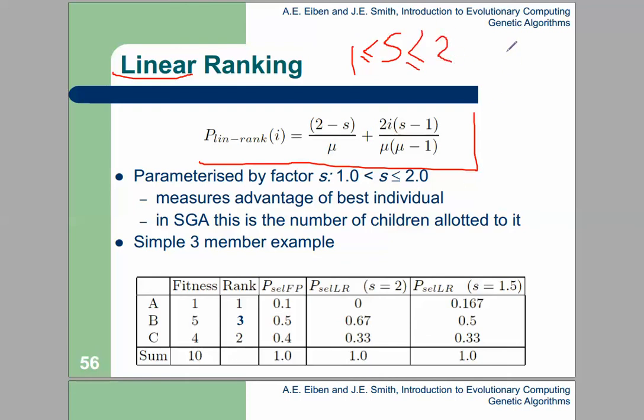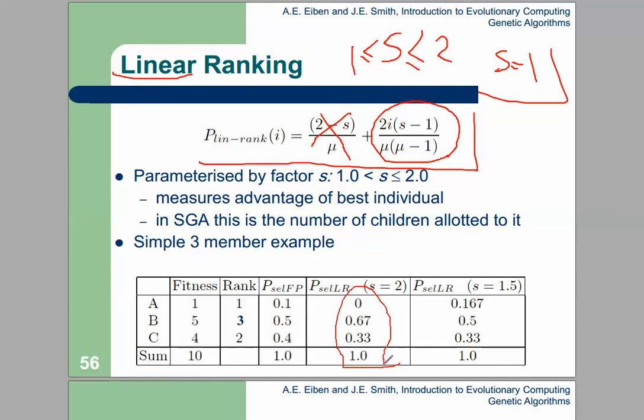If we select s equal to 1, this part is removed, and we select only by random. And if you select 2, this part is removed and you select only by rank, such as here.